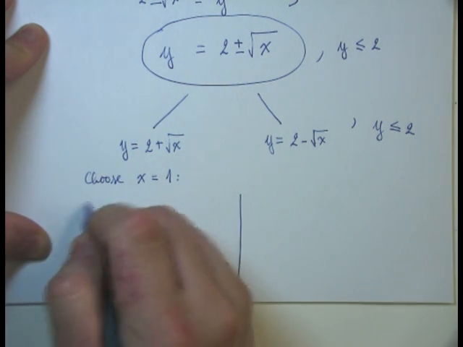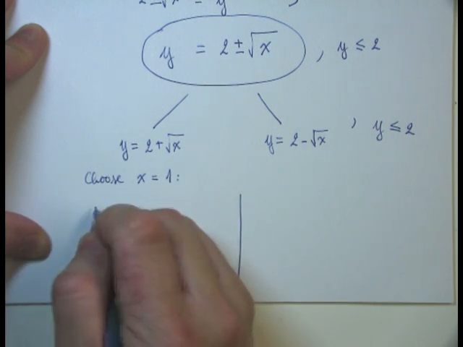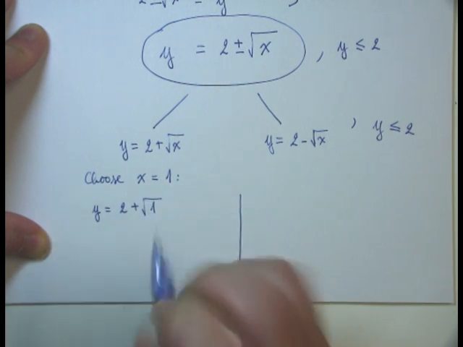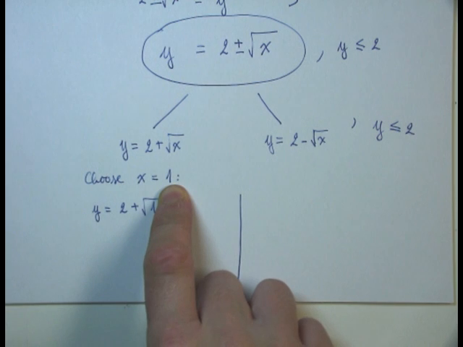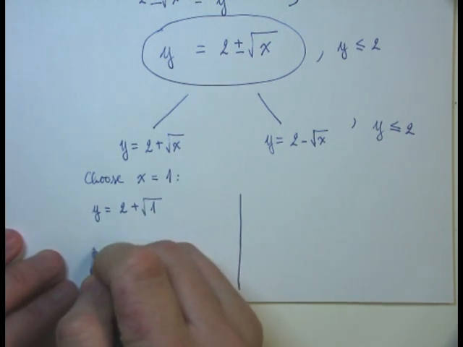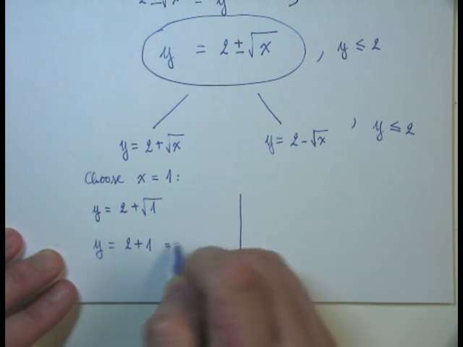If you're looking at the left expression right here, choosing x = 1, your y value is going to be 2 plus the square root of 1, because I'm simply substituting x = 1 into my left-hand side expression. That produces 2 plus 1, which equals 3.